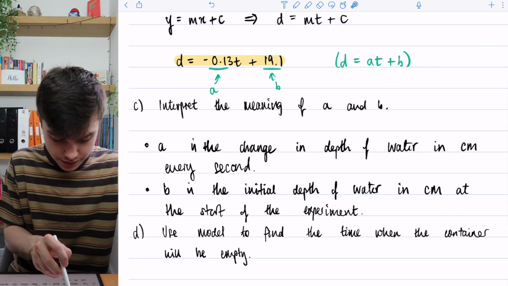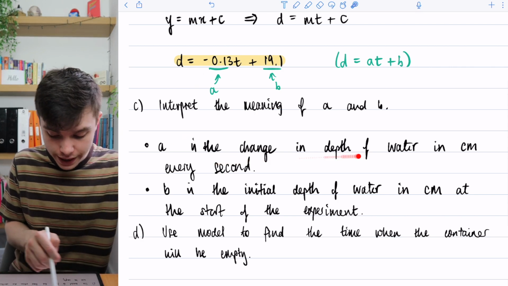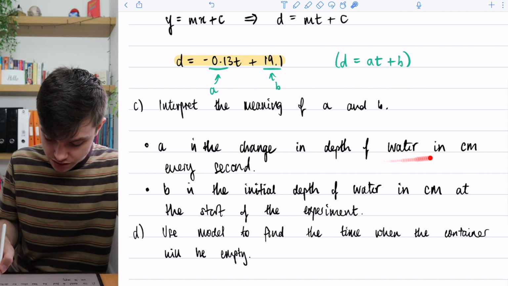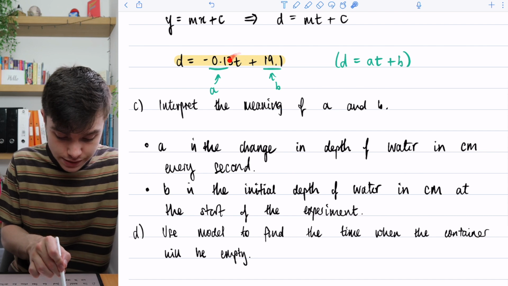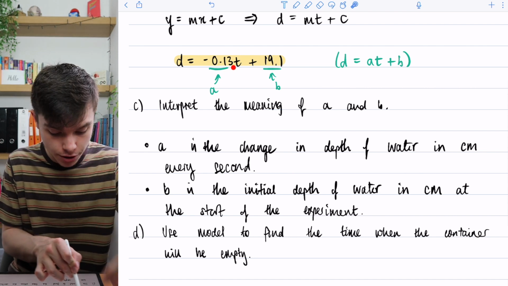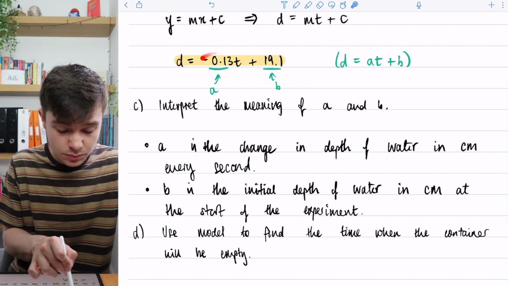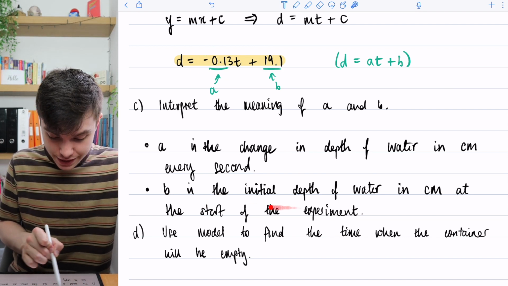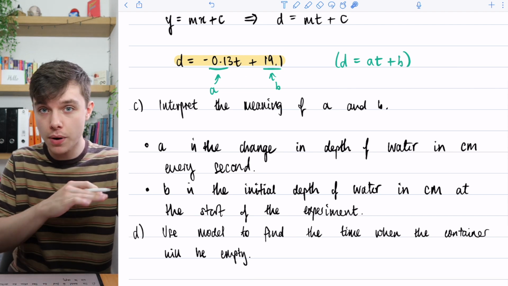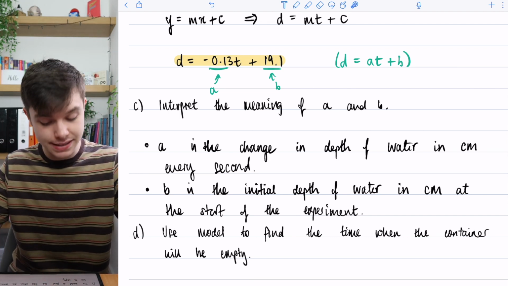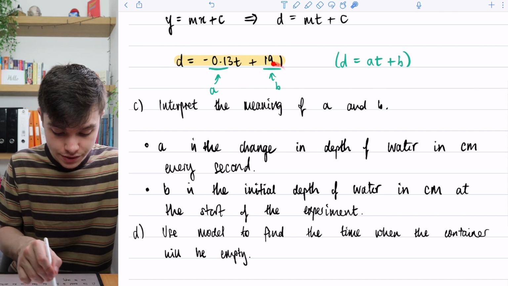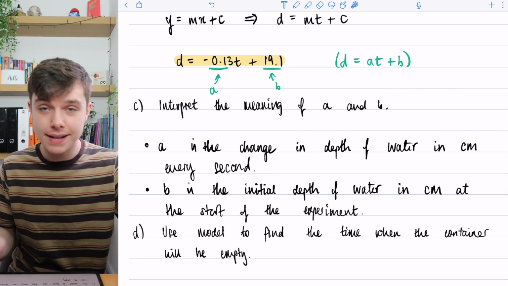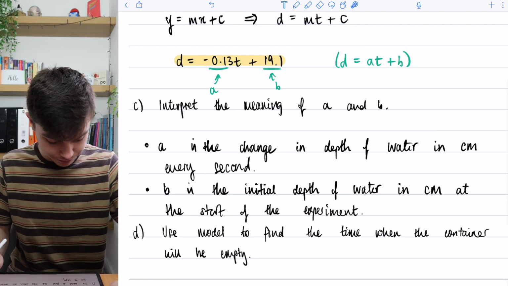This gradient, the A value, in this situation, is the change in depth of water in centimetres every second. So as this value increases by 1, D increases, or in this case decreases, by this value here. And B is the initial depth. If T is 0 at the start of the experiment, the time is 0. The depth of the water is the value B, so B is the initial depth of water in centimetres at the start of the experiment.